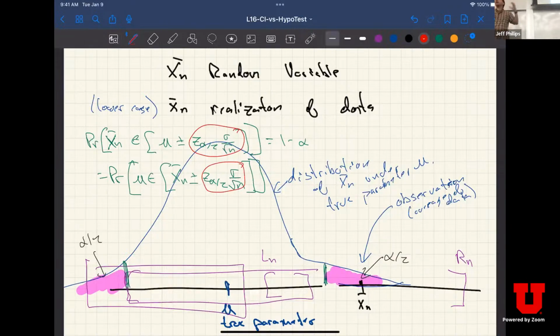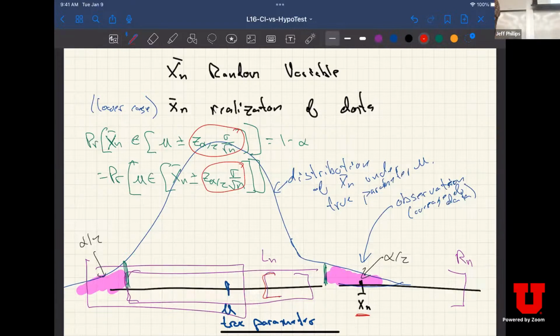That makes ln and rn random variables, so I can analyze the probability that the true parameter value fell inside this interval. With 95% probability, it falls inside this interval. In this case, it did not fall inside the interval, but that's the 5% of the time, because the true value is here.